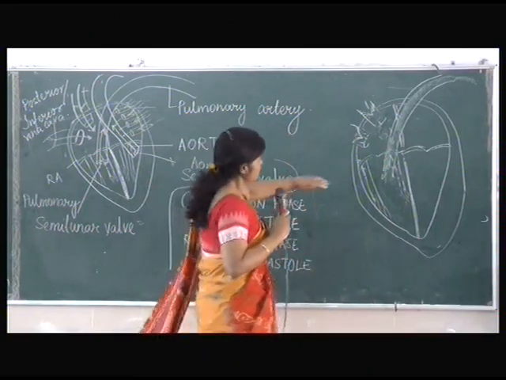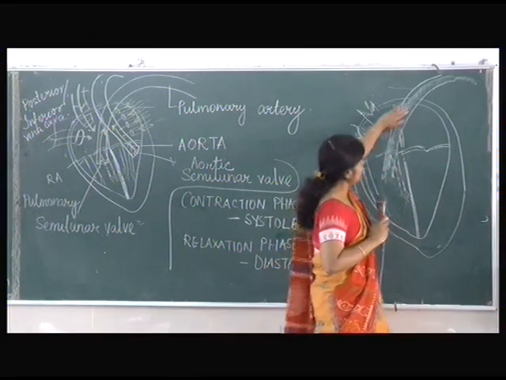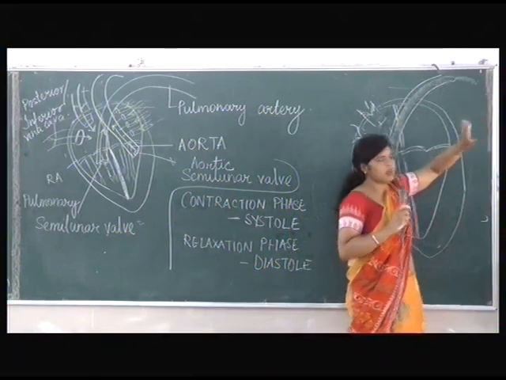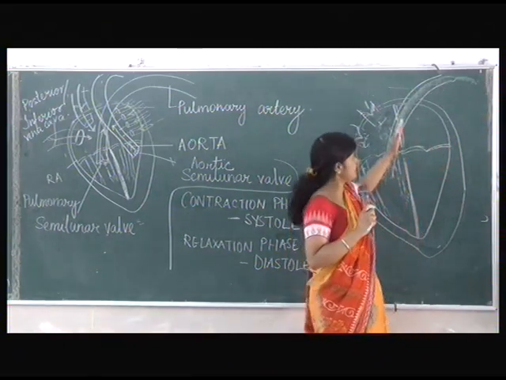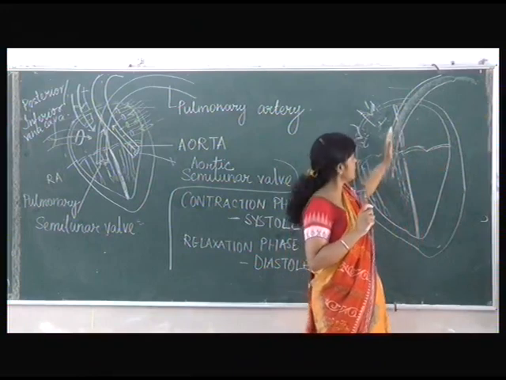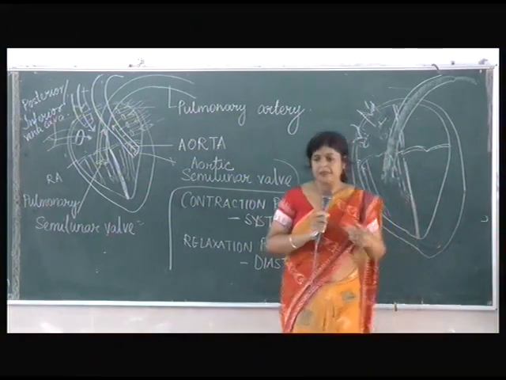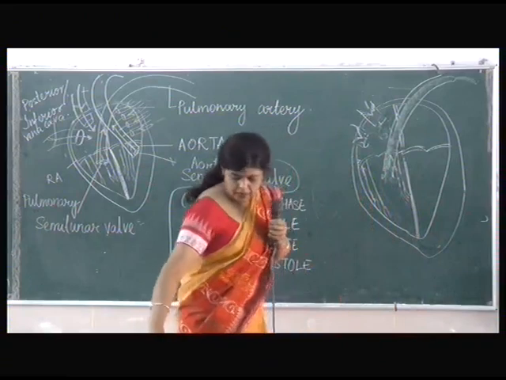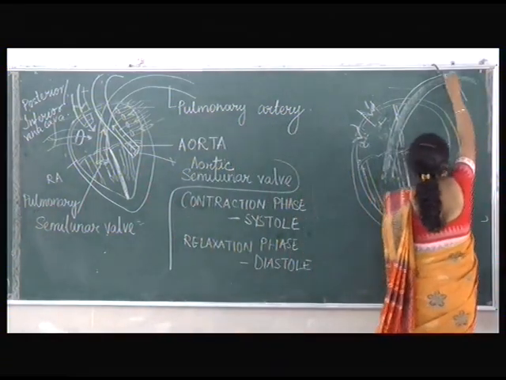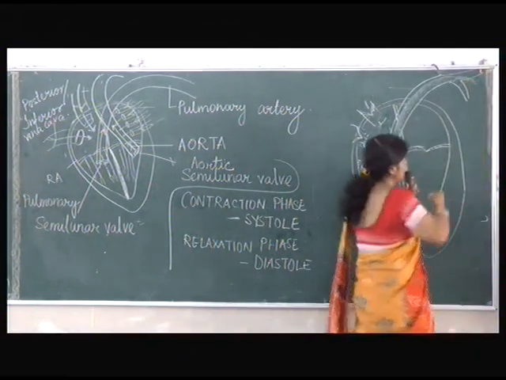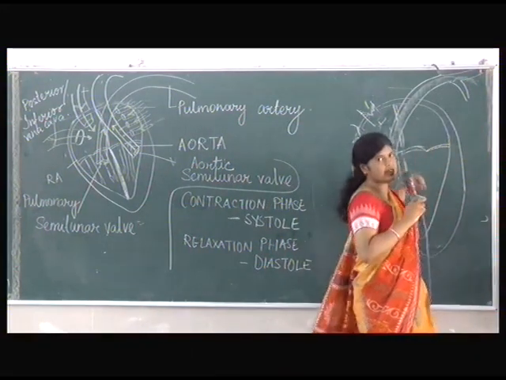Is it clear? So the blood is being carried away from the heart, irrespective of its type, oxygenated or deoxygenated. In this case, it is deoxygenated. It is carried to the lungs. In the lungs, the pulmonary artery further divides into two branches, and each enters into a lung.